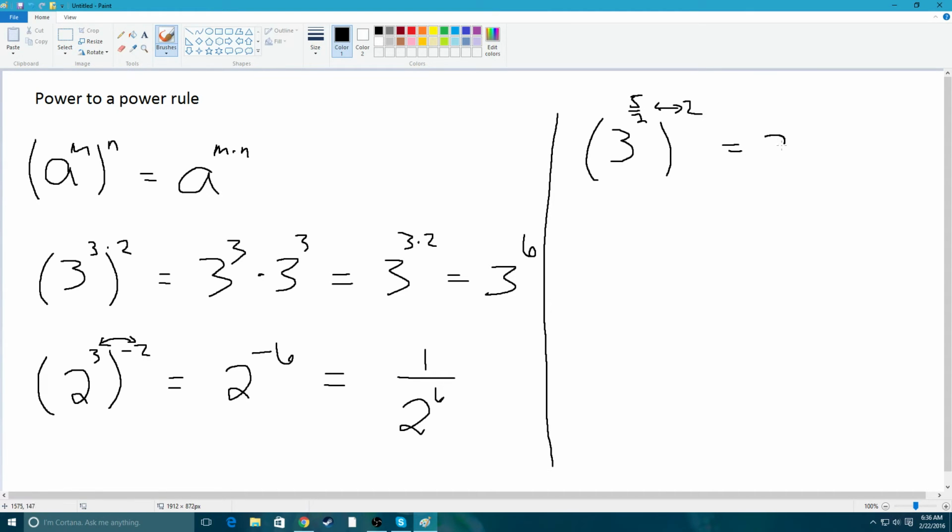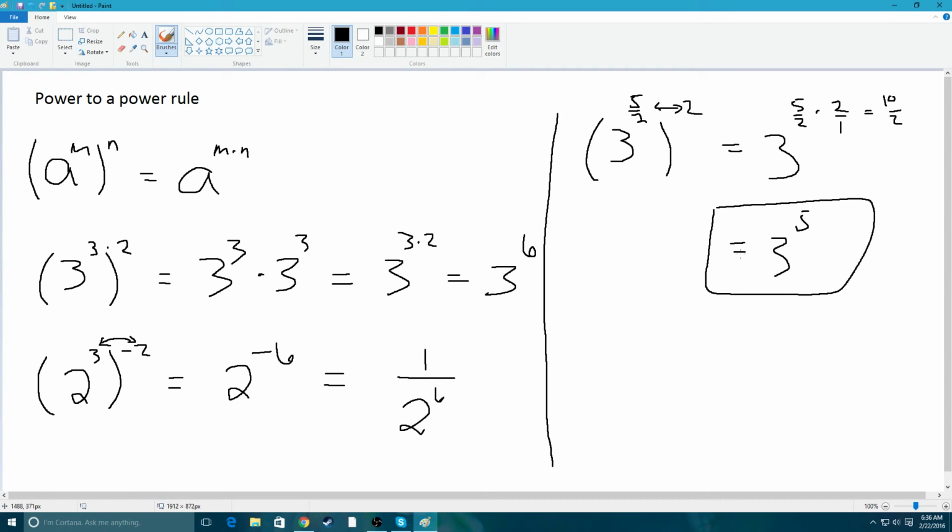So this is 3 to the 5/2 times 2, or you can say it's 2 over 1. 5 times 2 is 10. 2 times 1 is 2. And 10 divided by 2 gives us 3 to the 5th power. So just getting used to those things.